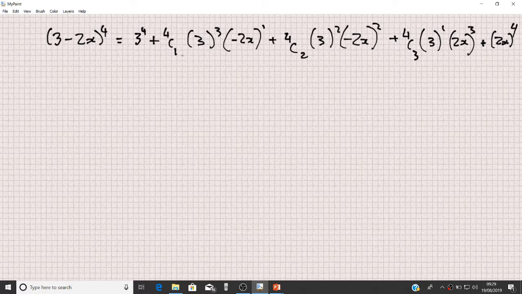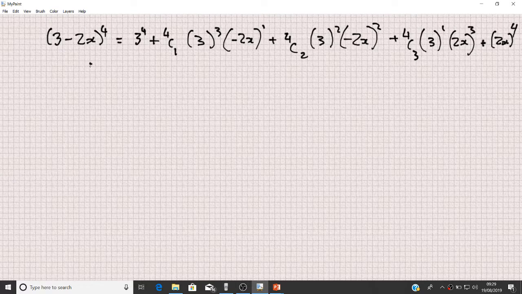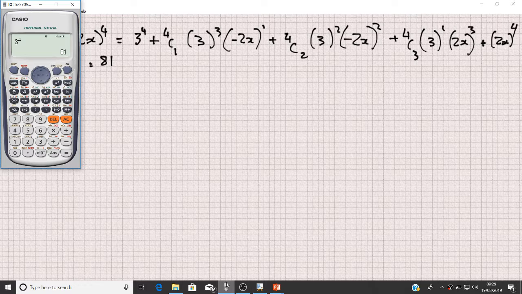Now we'll go ahead and simplify this, and we can maybe use the calculator. So we have 3 to the power of 4, 81. 4C1 is 4.